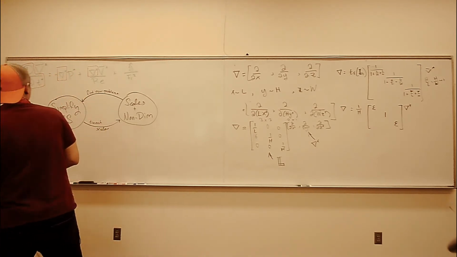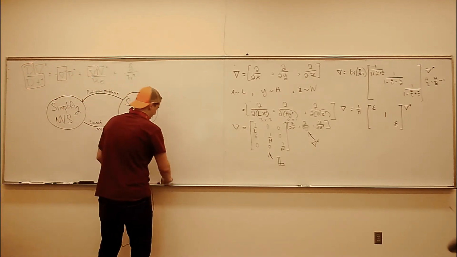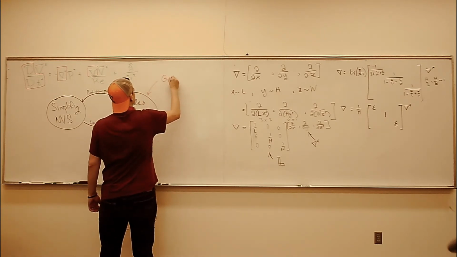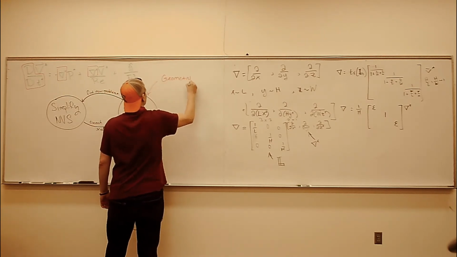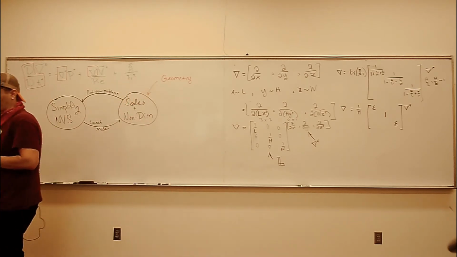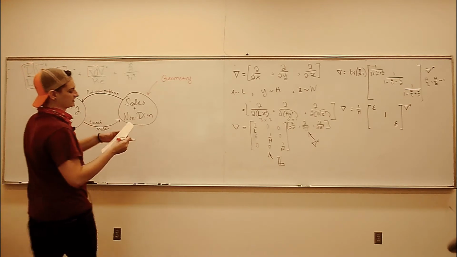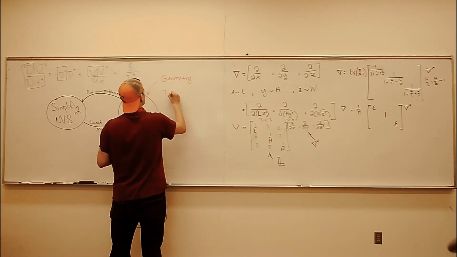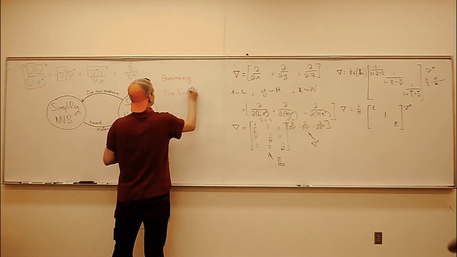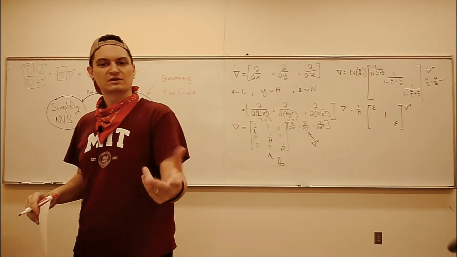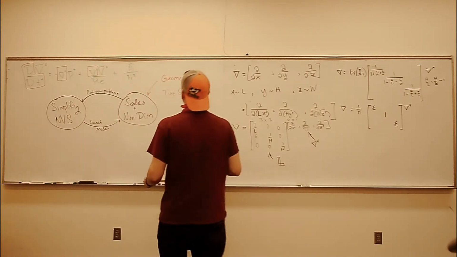And what goes into this process of scales and non-dimensionalization? Well, the biggest one that we've used, I've only made statements about H, L, and W. So geometry is a big one. A time scale is also a big one. They are linked, but they are independent as well.